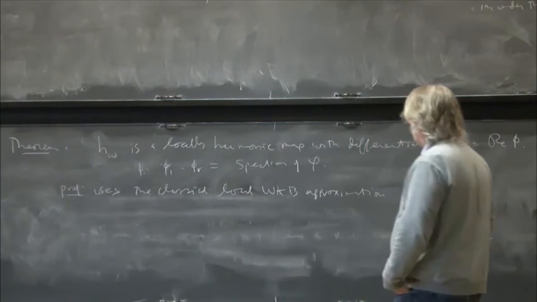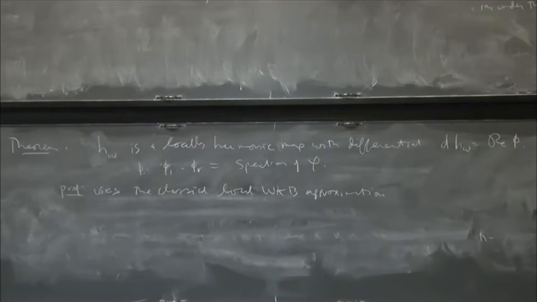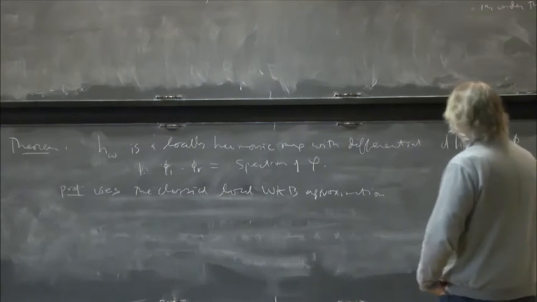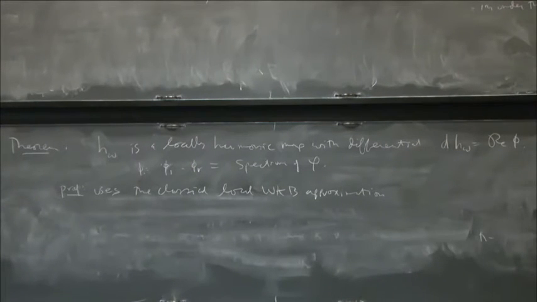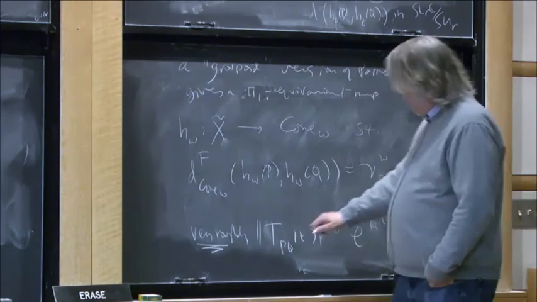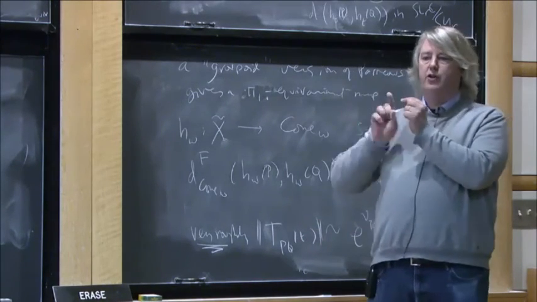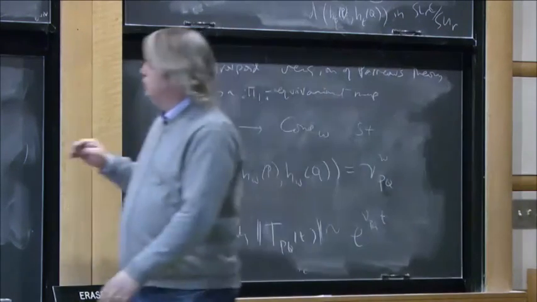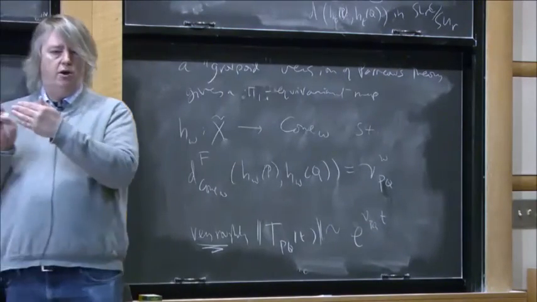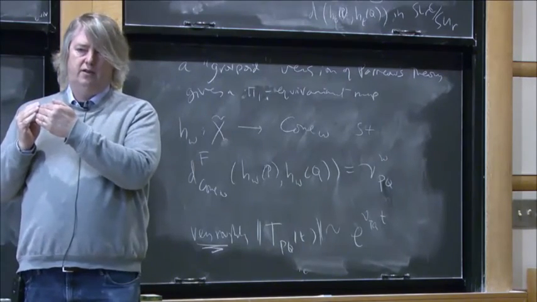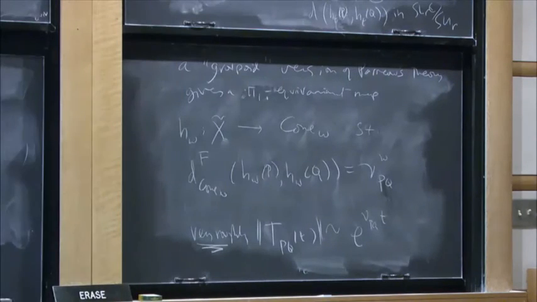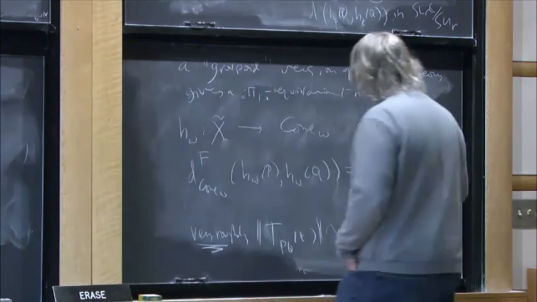So the proof uses the classical local WKB approximation. Which is to say, if our points P and Q are close together and joined by a non-critical path, so a non-critical path is a path where these differential forms, real part of the phi i's, all stay in the same order along the path, then classical WKB theory from 1920, perhaps, or something like that, tells us that we can actually estimate this exponent precisely.